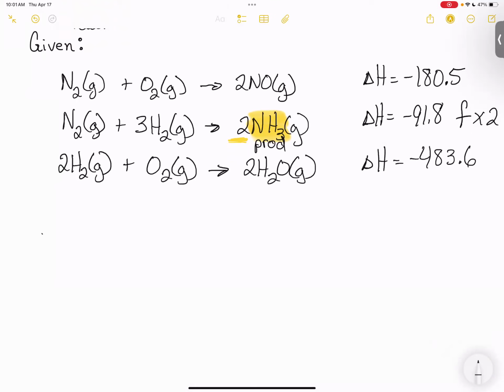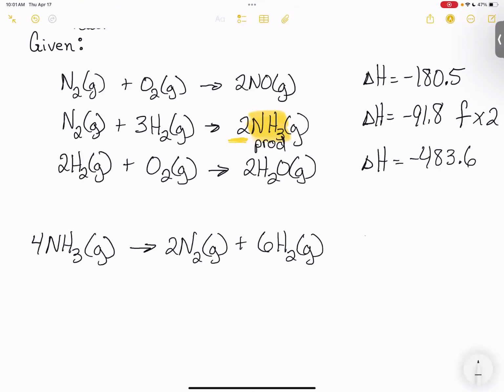So I get 4 NH3 gas goes to make 2 N2 gas plus 6 H2 gas. And I do the same thing with the delta H. Because I flipped it, this becomes positive. Because I multiplied it by 2, that means that it's now 183.6.